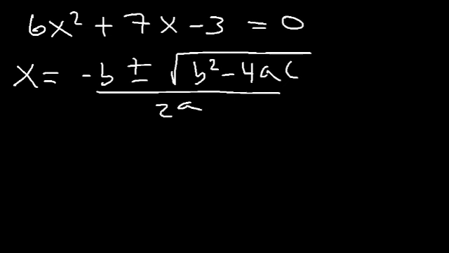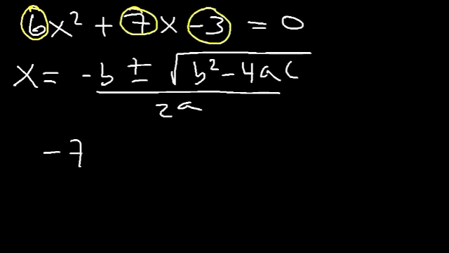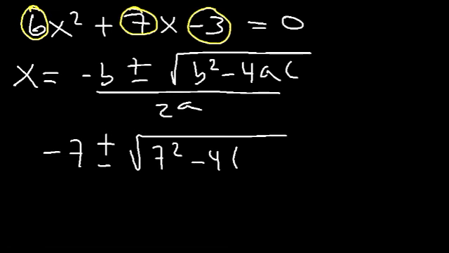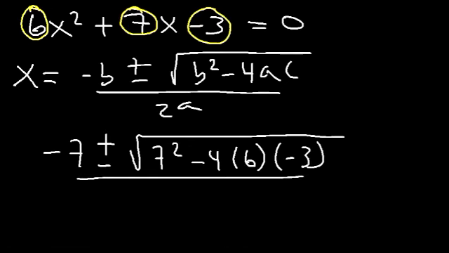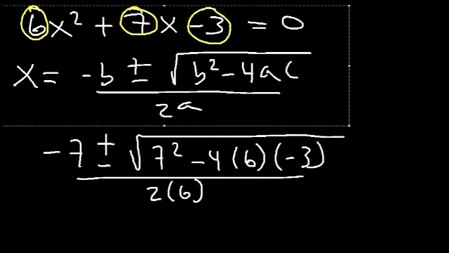So the first number in front of x squared, this is a. A is 6, b is 7, c is negative 3. So negative 7 plus or minus the square root of b squared, or 7 squared, minus 4 times 6 times negative 3, divided by 2a, or 2 times 6.